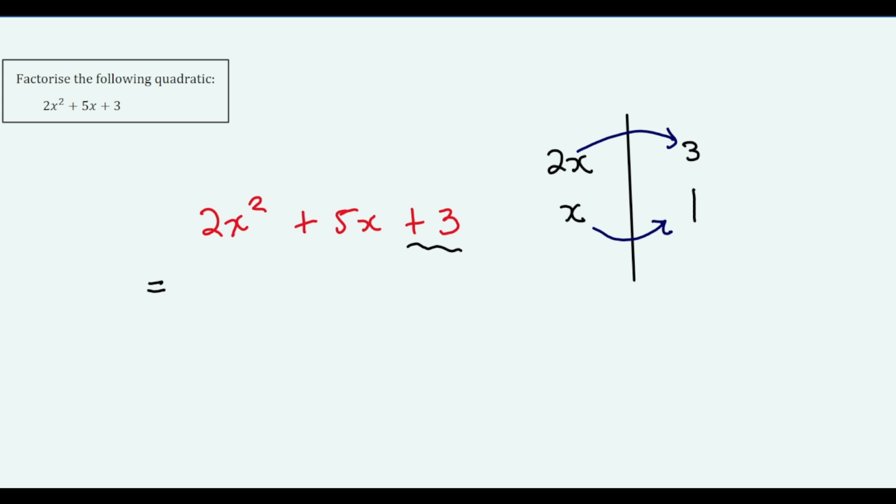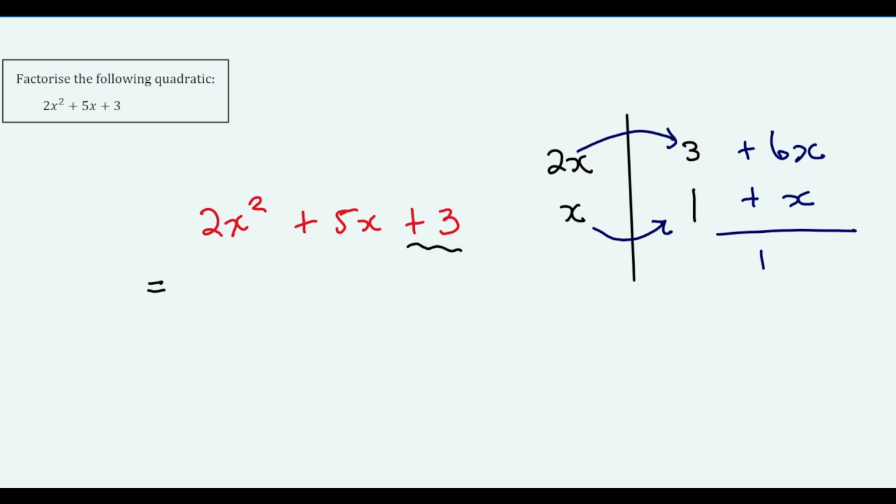Let's test that out. What's 2x times 3? That's 6x. And what's x times 1? That's just x. Now, here you need to do trial and error with the signs. Like if I do positive and positive, I'll get positive 7x, which is not the middle term.